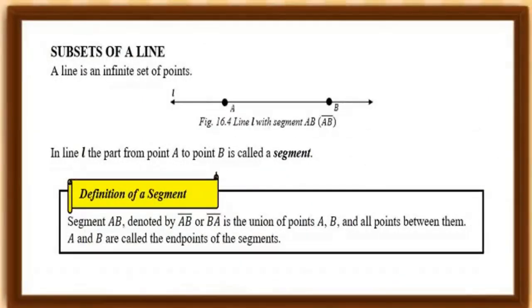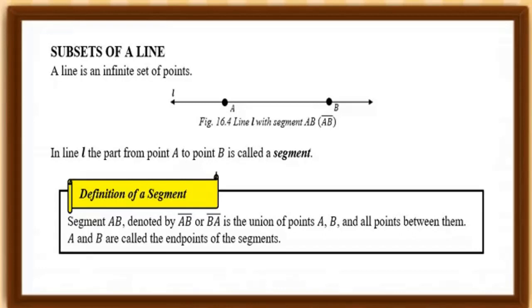Subset of a line. A line is an infinite set of points. In line L, the part from point A to point B is called a segment. Definition of a segment: segment AB, denoted by the overhead line AB or overhead line BA, is the union of points A, B, and all points between them.